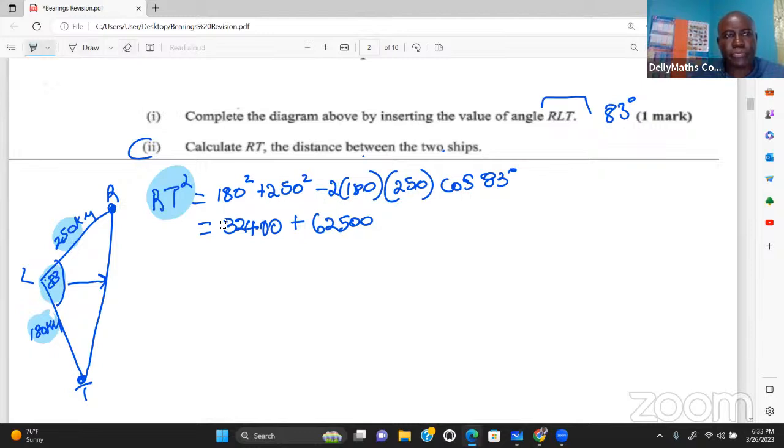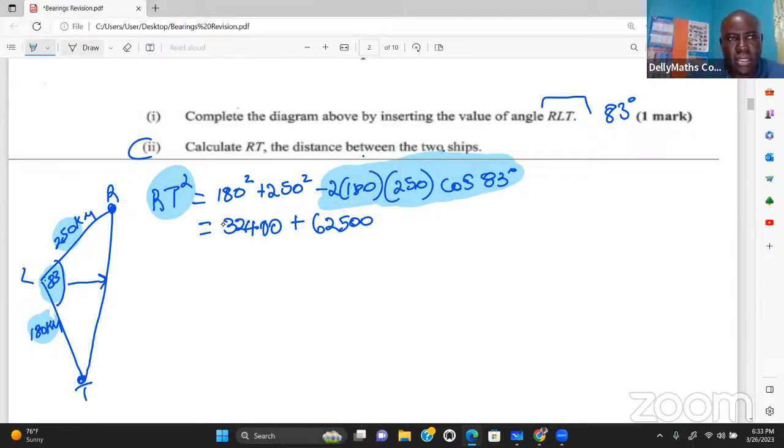Let's put everything here on the calculator one time. Talking about minus 2 times 180 times 250 times the cosine of 83. Let's put that on. Minus 2 times 180 times 250, and we want to multiply that by the cosine of 83 degrees.